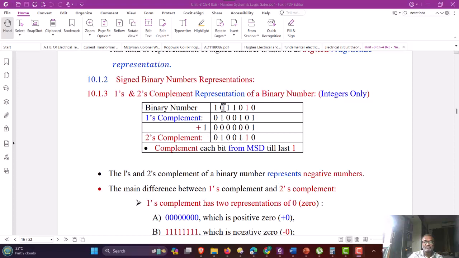So 1 becomes 0, this 0 becomes 1, this 1 becomes 0, then this 0 becomes 1. We complement all the bits up to the B3 position, and the last one is kept as it is, and the remaining number on the right-hand side is kept as it is, and that directly gives the twos complement number. Otherwise the procedure is simple. Take the number, take the ones complement by complementing each bit, add 1 to it, and the result you get is the twos complement number.